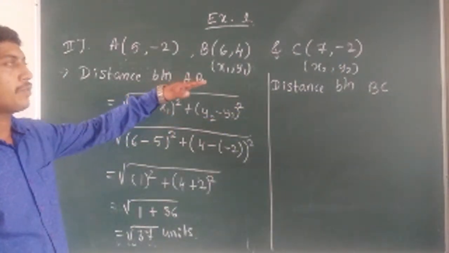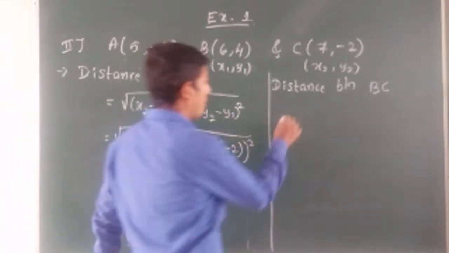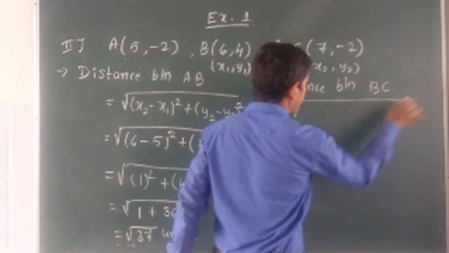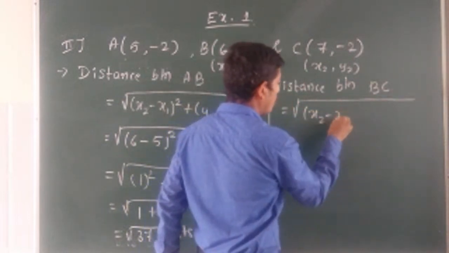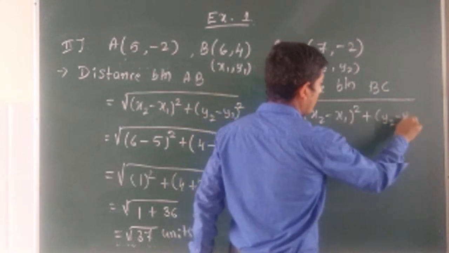So point B as x1 comma y1 and point C as x2 comma y2. I'll write the distance formula. It is square root of x2 minus x1 whole square plus y2 minus y1 whole square.